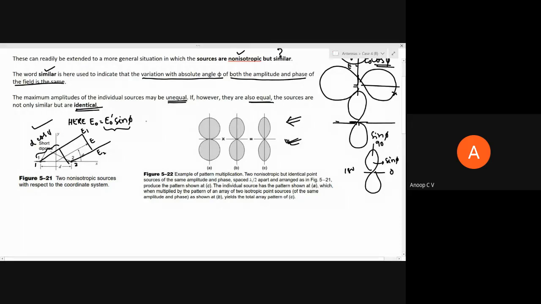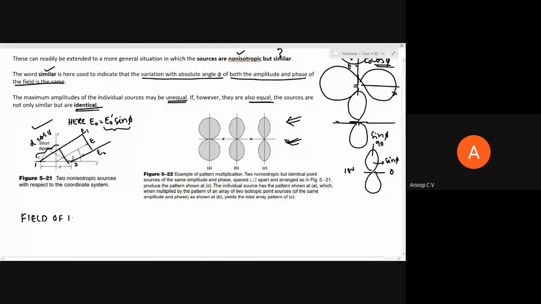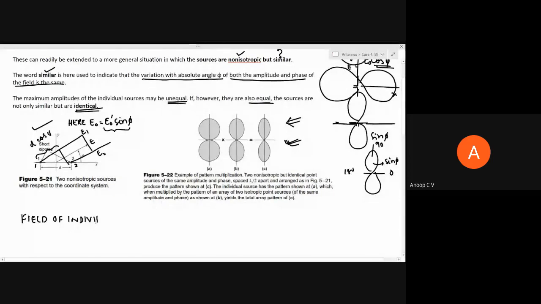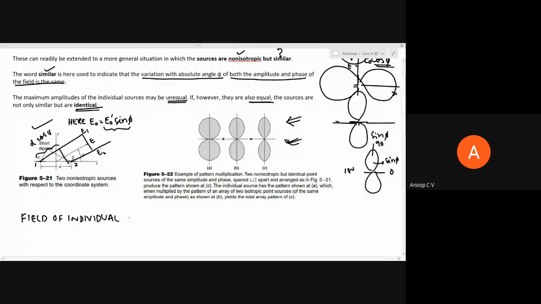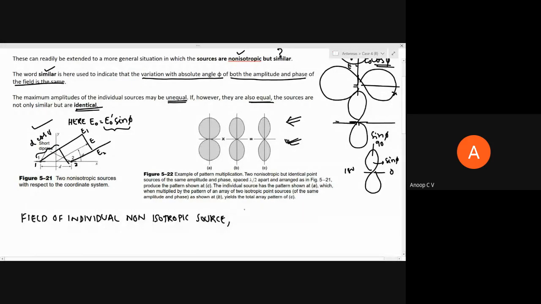So I can write in this case, the field of an individual non-isotropic source at a distance r in direction phi.